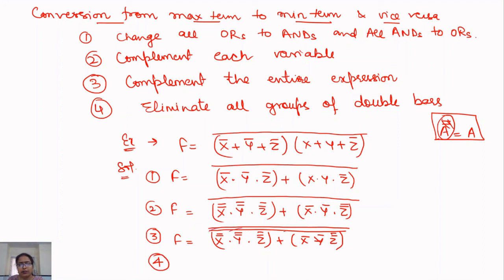This double bar is to be eliminated, this has to be eliminated. So this is x y z plus x bar y bar z, and this whole bar is eliminated. So now the expression is xyz plus x bar y bar z. So this is the answer.